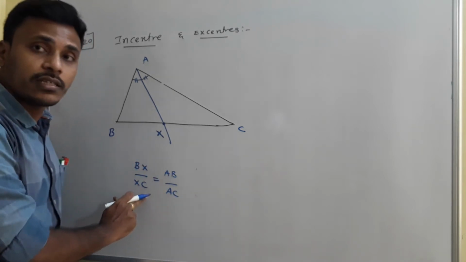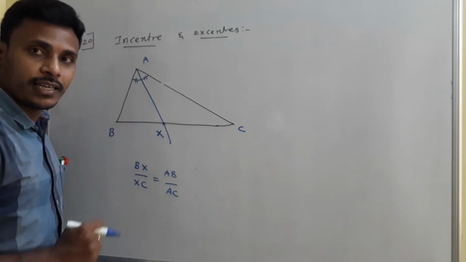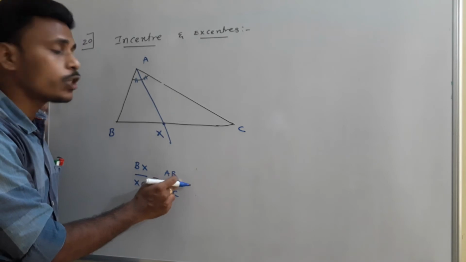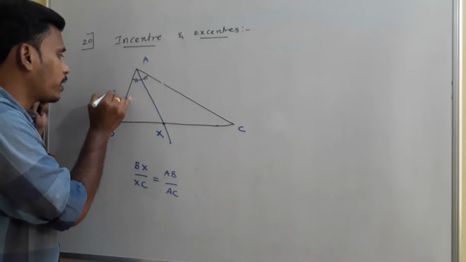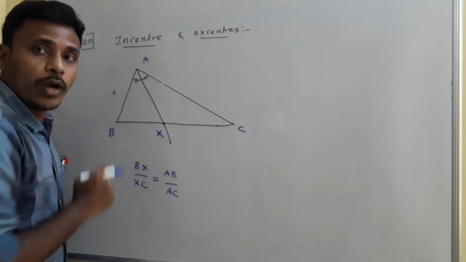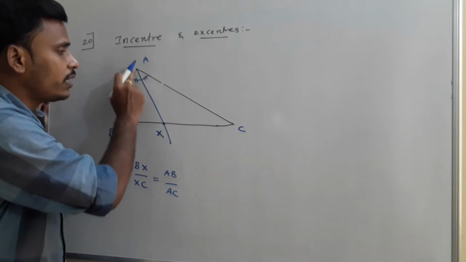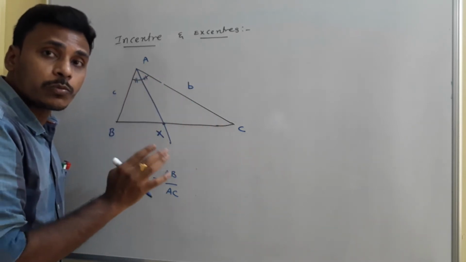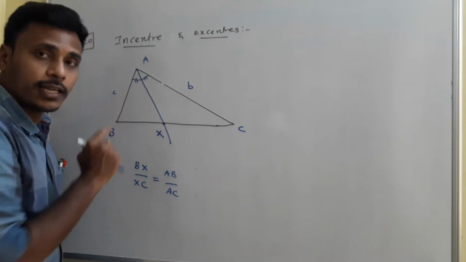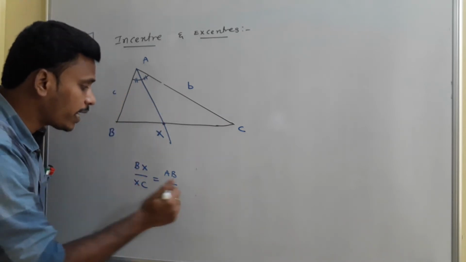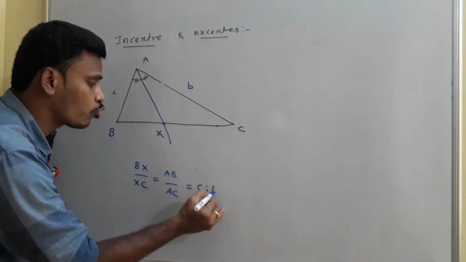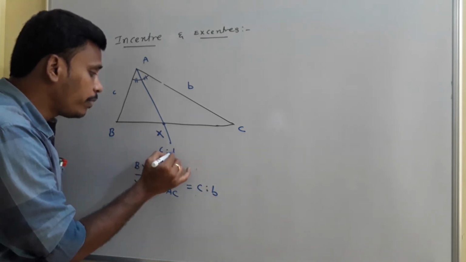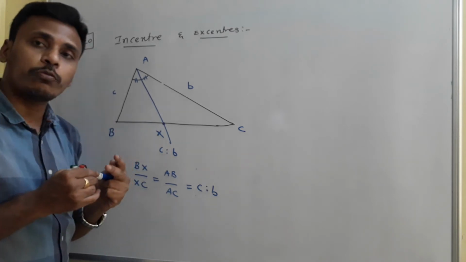With this particular idea, AB is denoted by small c, because it is opposite to angle C, and AC is denoted by small b, because it is opposite to angle B. In the sense, BX by XC is simply c is to b. The ratio in which X divides BC is c is to b.